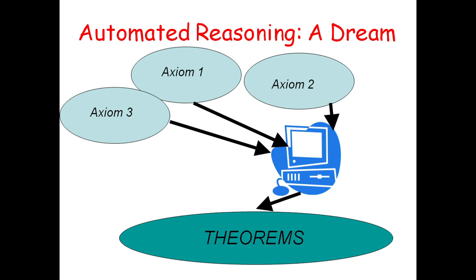Automated reasoning is what we need, is what we want, but this is still a dream because automated reasoning suffers from a number of problems like the state explosion problem, where a computer system gets some axioms and proves these theorems without the help of a user.